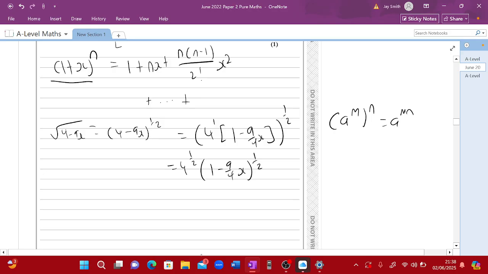And now this is in this form here, but x here is going to be minus 9 over 4 x. That is what you're substituting in for x here, and n would be a half. And then you just substitute that to get the first, how many terms did it want?